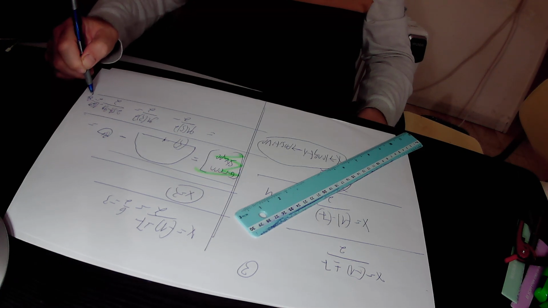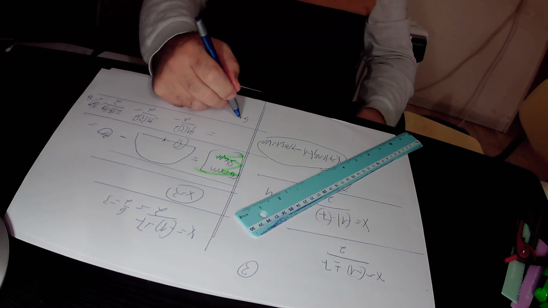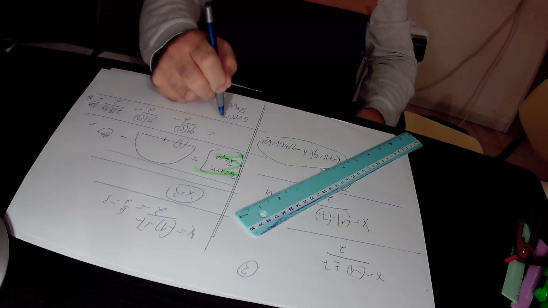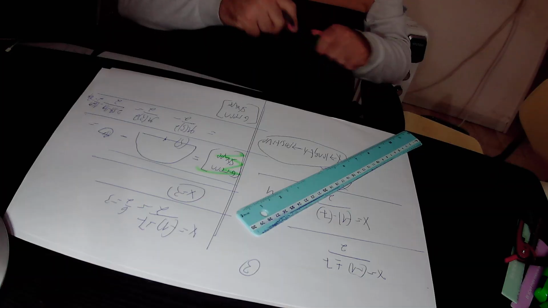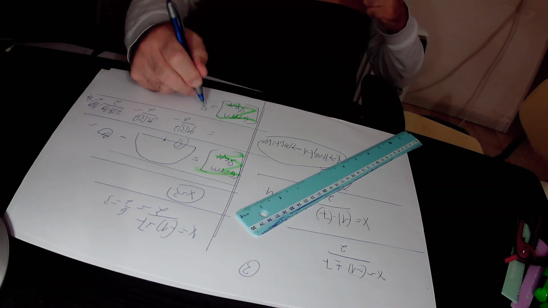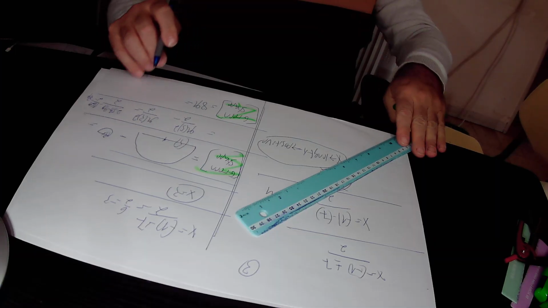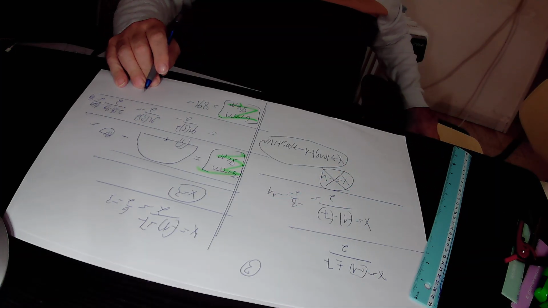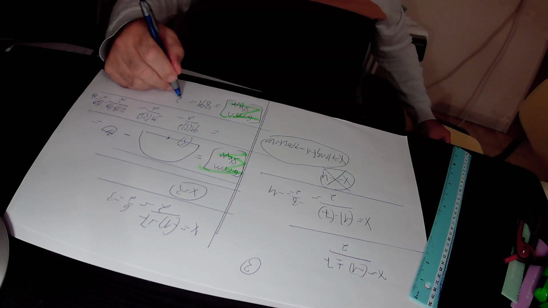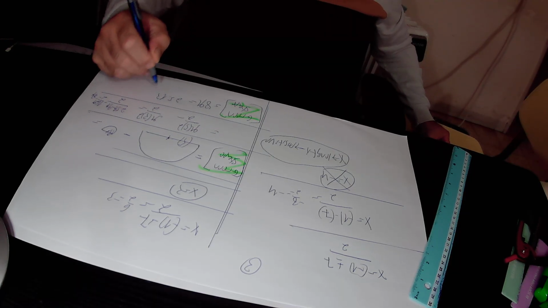So in total, the area of the green shape, that is the area we are looking for in this question, is equal to either 8 pi square units in size, or in terms of numbers, 25.13 square units in size.